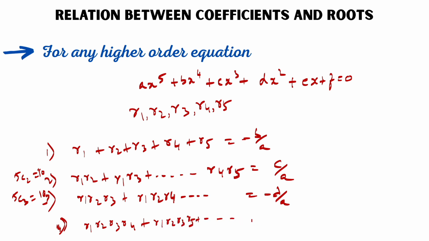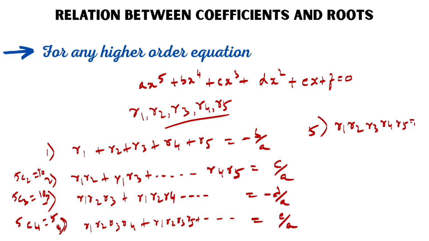This will be plus e by a, and we will get 5c4 terms, which is 5 terms. The last case is the product of all the roots, r1 r2 r3 r4 r5. Here we have taken plus previously, so we will take minus f by a.